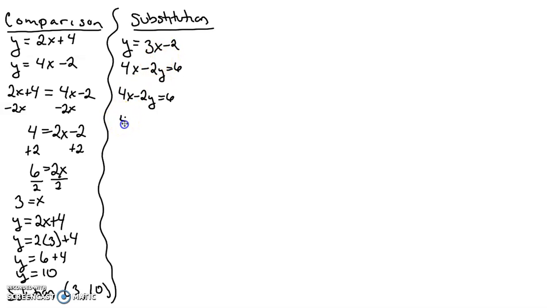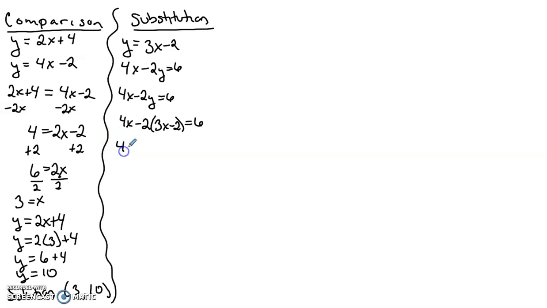So it would look like this. 4x minus 2, now instead of the y, I'll write a brackets and write 3x minus 2. And then everything else remains the same, equals 6. Now this equation only has x's in it instead of both x's and y's. Because I only have one variable, I can solve for that variable.